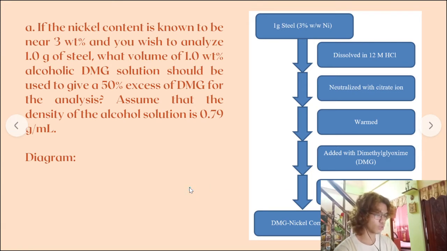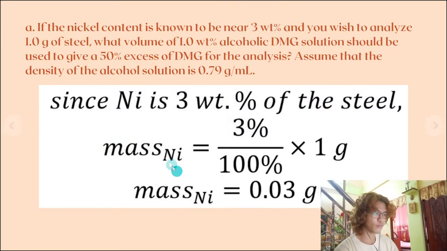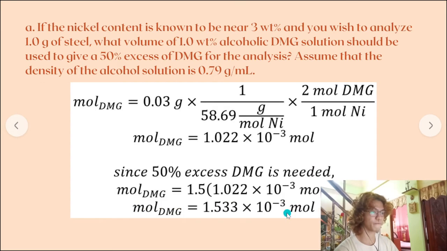Now that we know how to obtain the precipitate, we can solve for the required. It was mentioned in the problem that the nickel is 3% by weight of the steel, so we can get the mass of the nickel by getting 3% of the 1 gram sample, which is 0.03 grams. From the mass of the nickel, we can solve for the amount of DMG using gravimetric analysis.